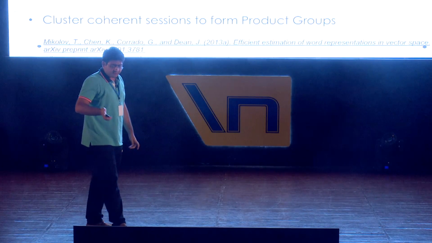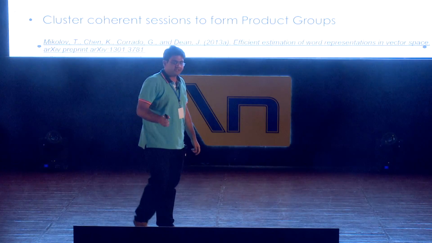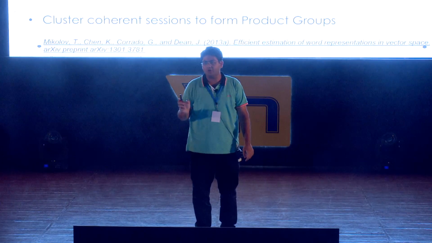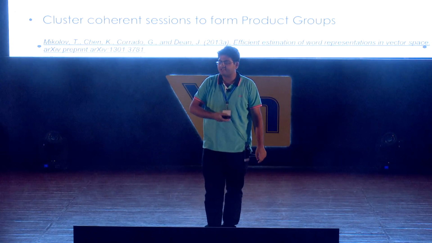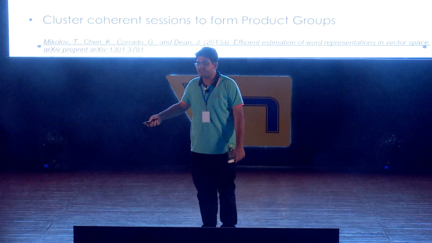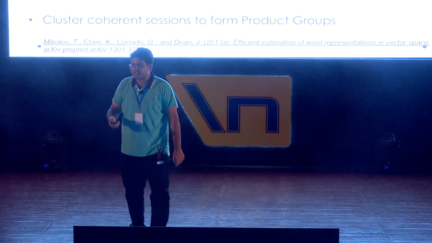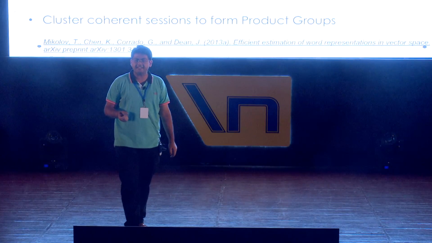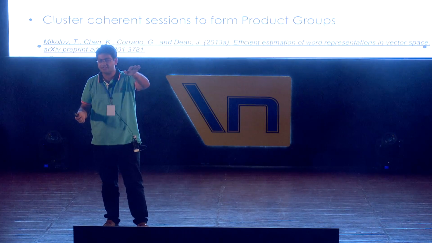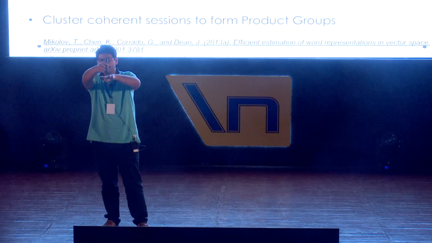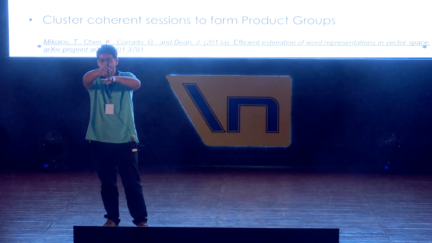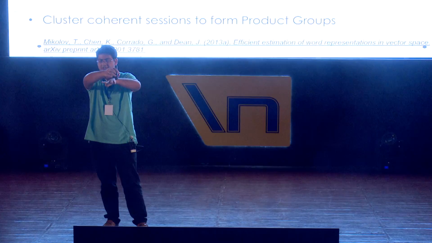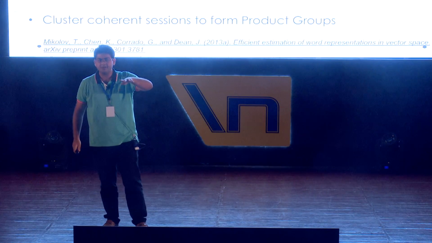So before performing the clustering, we need to define some sort of a coherency measure in a session. You can't just give all sort of noisy sessions to the clustering algorithm. So the way I define the coherency score is, say for instance, I have 4 styles, right? I take the centroid of those 4 styles, and I find the cosine similarity of that centroid with all the 4 styles, and I take the minimum of those, right?